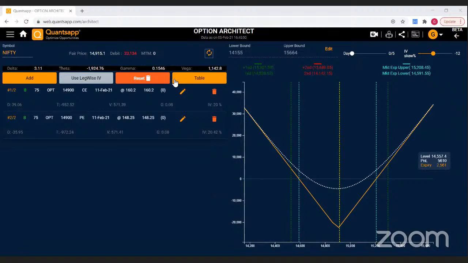So I hope I have cleared most of the things regarding options. It's just the basics of call and put, and more importantly, we have seen how we can use this tool to enhance our own option trading by looking at how much days to maturity can actually affect. Sometimes what happens when we buy is that we go with sentiments.